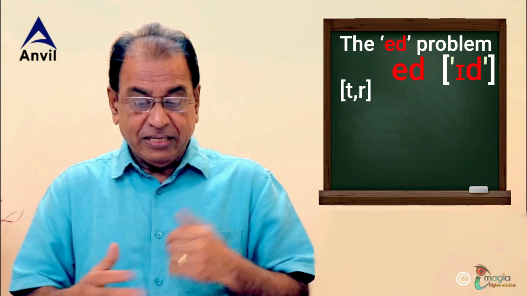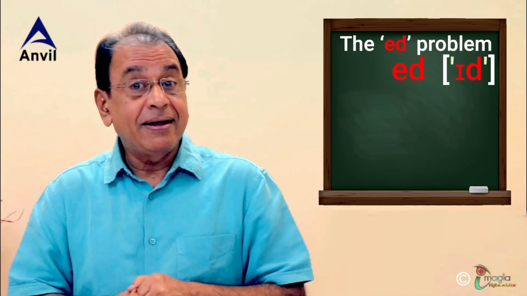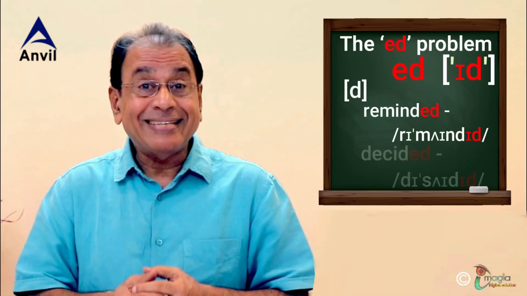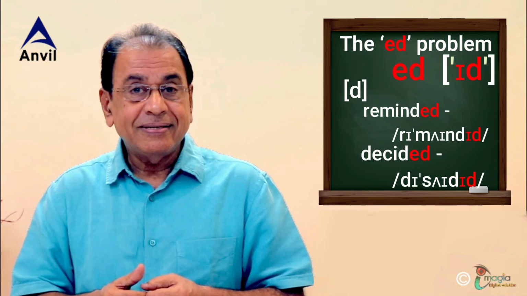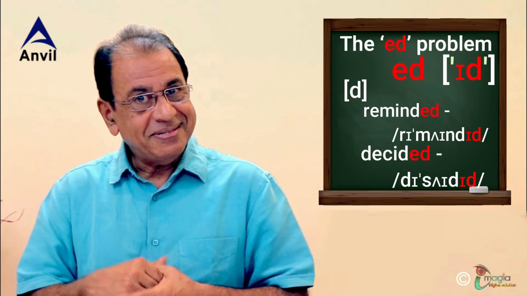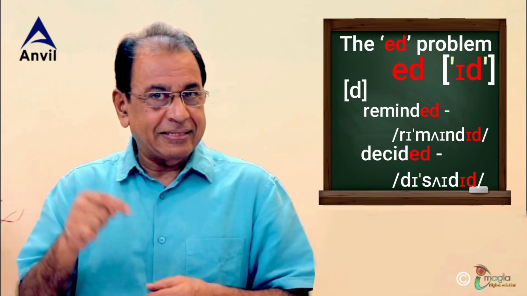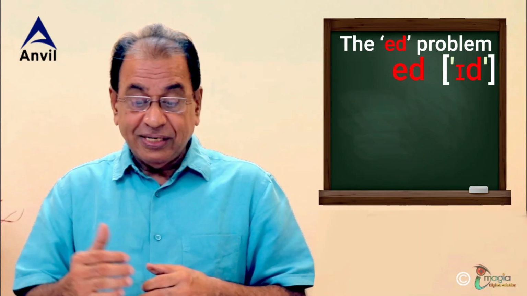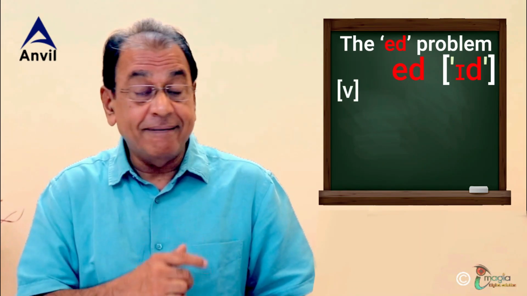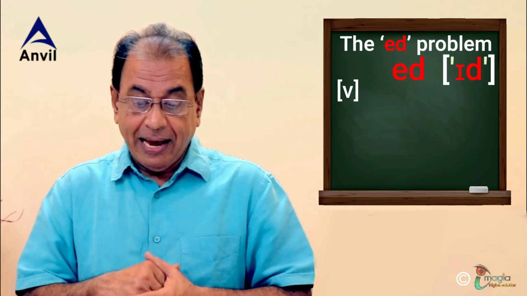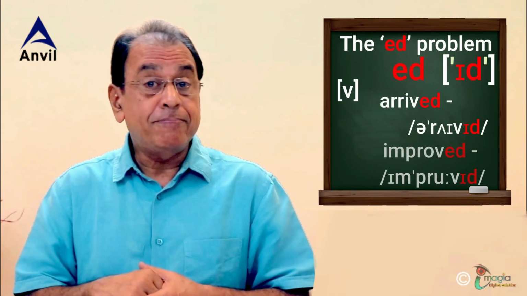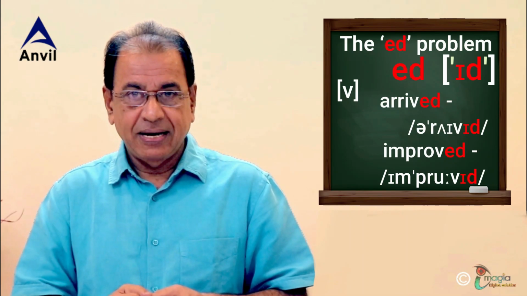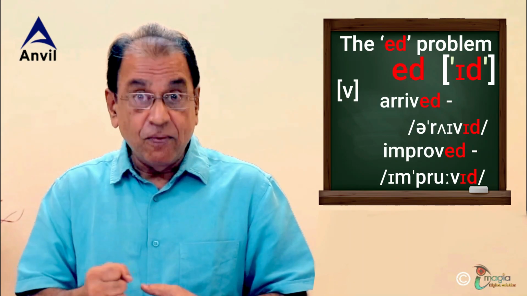Another set. The next one is words that end in D, like remind, decide, decided, reminded, etc. So there we pronounce as id. And another set, like words that end in VE, like arrive, improve, arrived, improved.